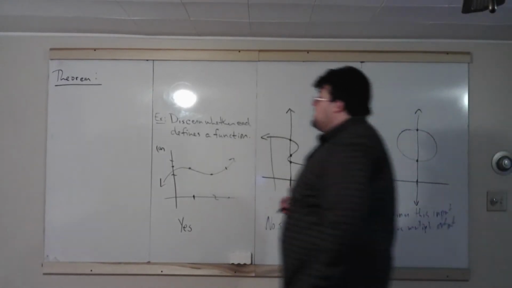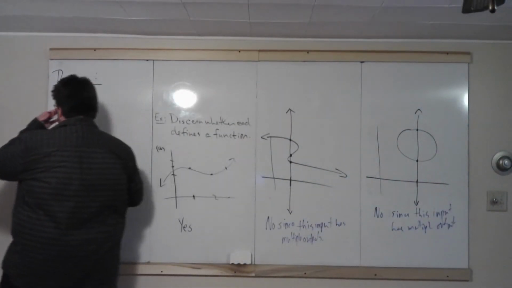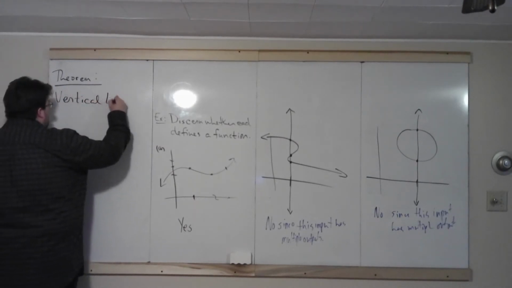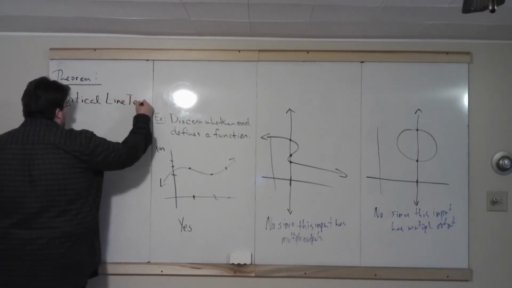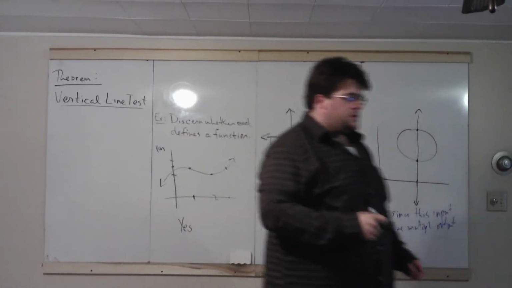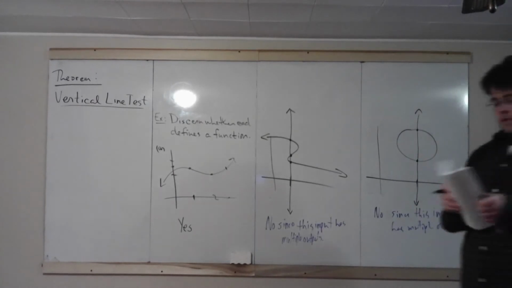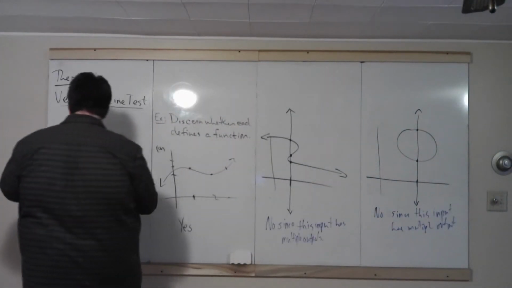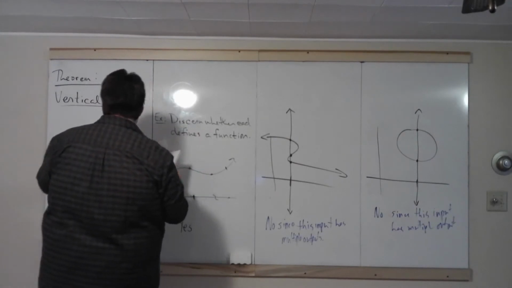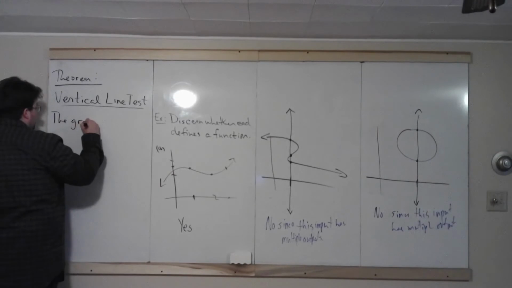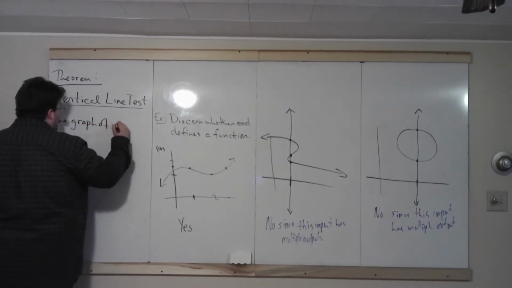And this theorem is called the vertical line test. Theorem, vertical line test. And I like the phrasing I wrote in my notes, so I'm going to use that phrasing here. The graph of y.